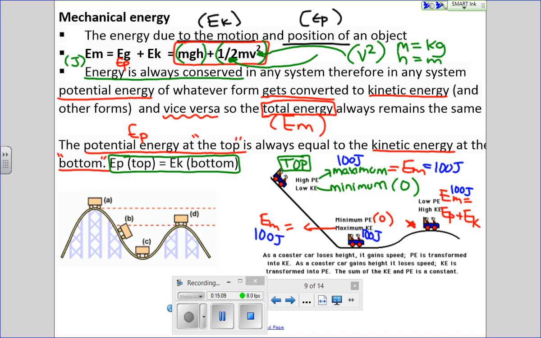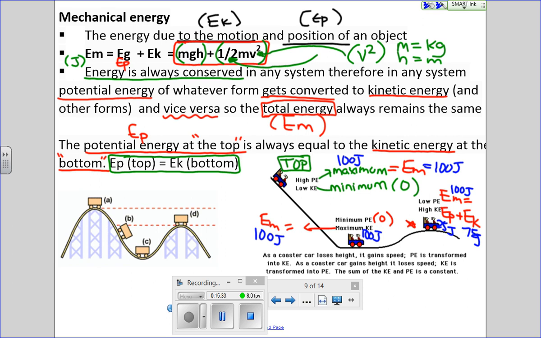And in the spot that's slightly above the surface, since it's not very high, we'll assume that kinetic is contributing a bit more than potential. I'm just doing an estimation here. I'll show you later how to calculate this. But we'll say at this spot that 75 joules are kinetic energy and 25 joules are potential.